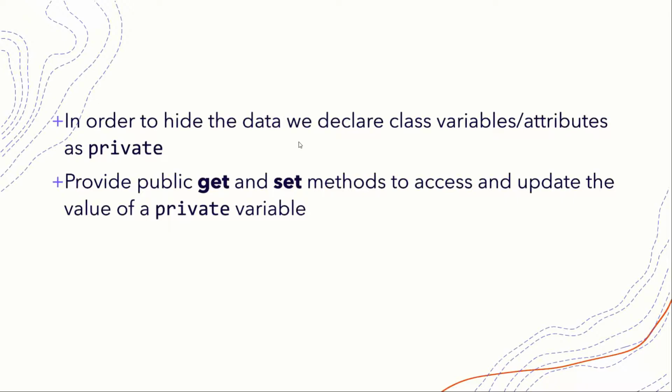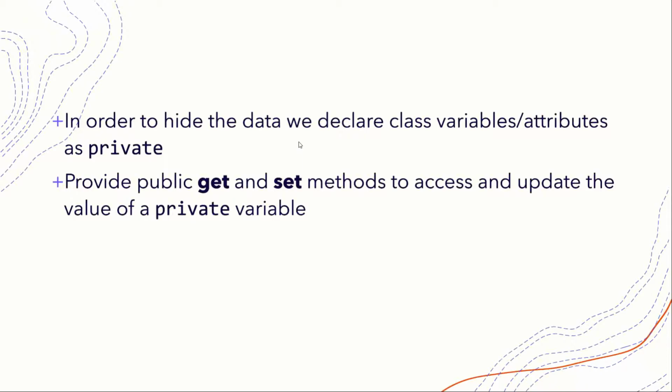So private, what does that do? If you haven't checked the access modifier video, please do check that, wherein I've discussed private, protected, and public. The private access modifier doesn't allow anything to be accessed outside the class. So you cannot access the data outside the class. Then if you put the private keyword there, how can you access the data?